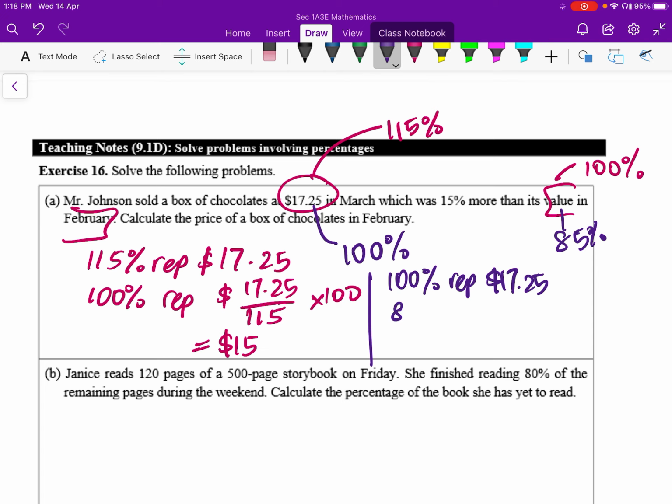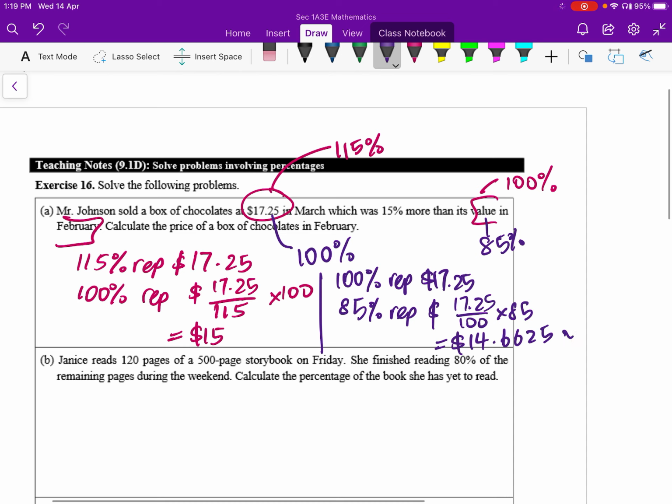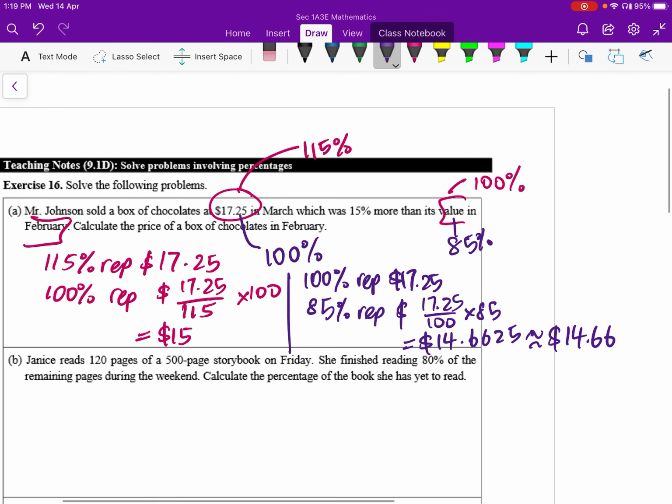Okay, so 85% will now represent 17.25 out of 100 times 85, which is 14.6625. Because we are dealing in money, we round it off to 2 dp: 14.66. Now we see that there are two different answers, and obviously we cannot have both as acceptable answers, right?